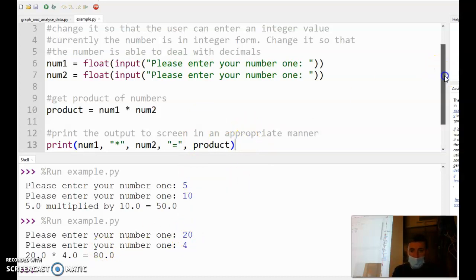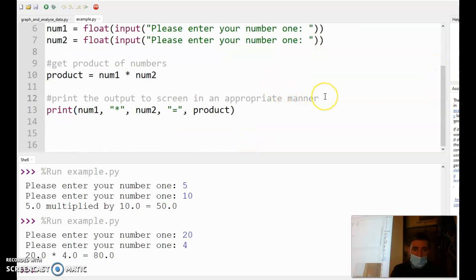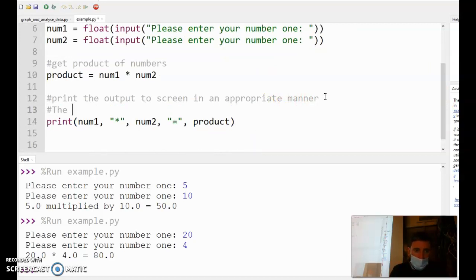So next question is, the answer is given to 1 decimal place.